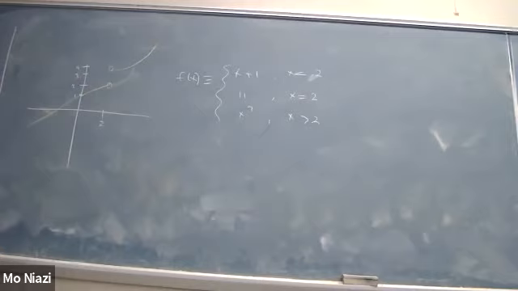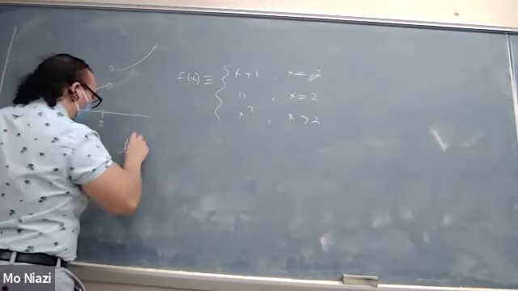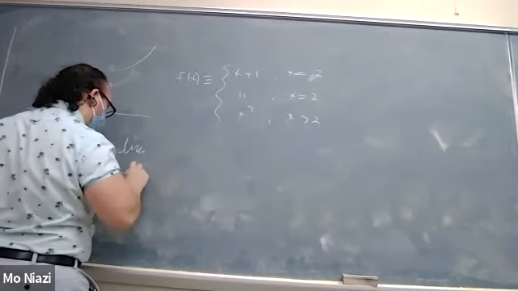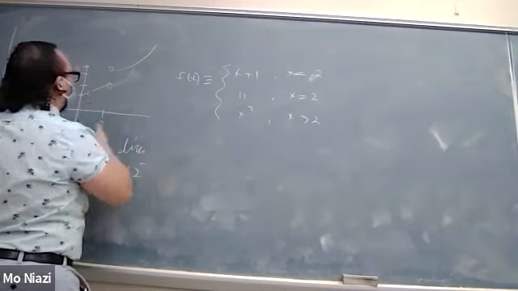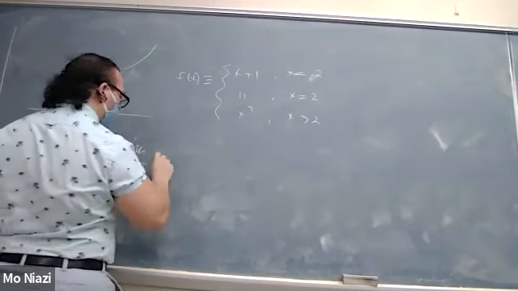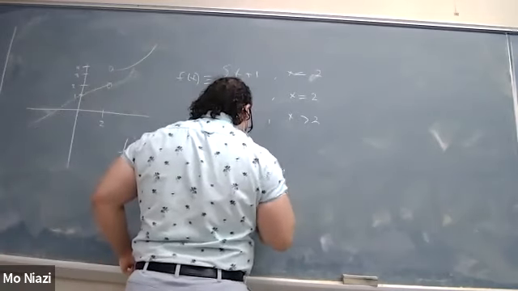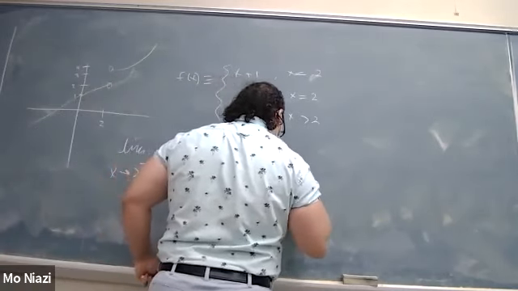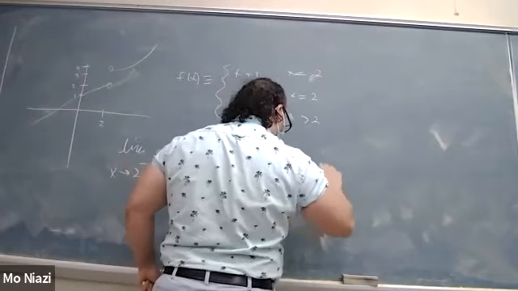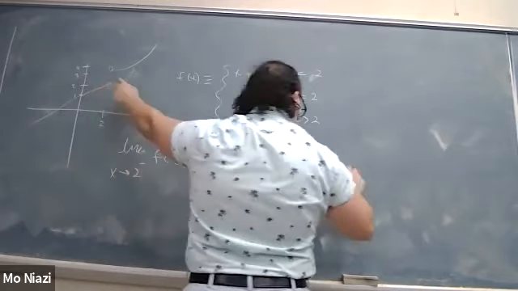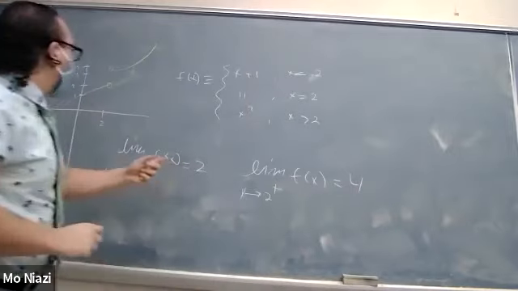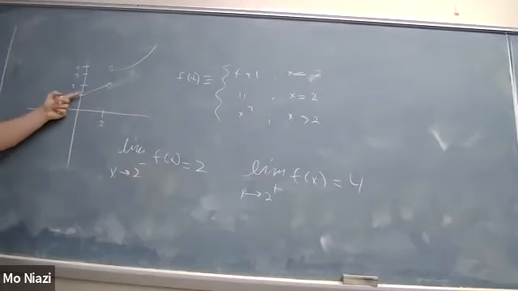So that's why the limit as x approached 2 from the left ended up equaling 2, but the limit as x approached 2 from the right of f of x ended up equaling 4. As you approach 2 from the left, the y value it assumes without touching 2 is 2.